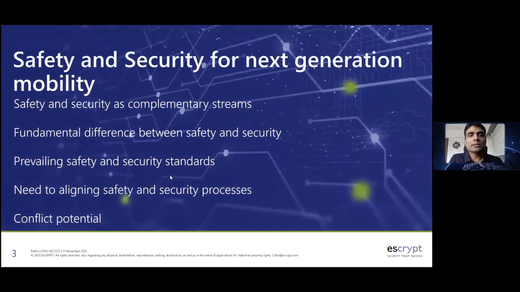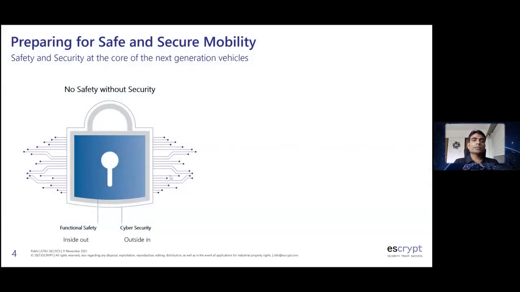To start with, safety and security for the next generation: we see safety and security as complementary streams. There are, of course, some fundamental differences and approaches towards safety and security. They need to be aligned in some way, and we will highlight some potential conflicts also. We've always been saying, and we've heard it since morning, there is no safety without security, and the complement is also true.